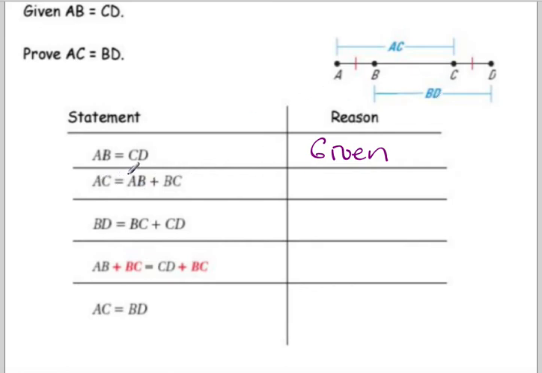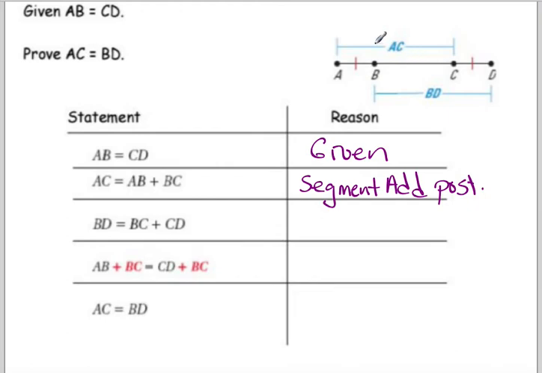They're saying that AC equals AB plus BC. AB plus BC, they make AC. They're adding the two segments to make the big segment. That is segment addition postulate. So just abbreviating a little bit there, segment addition postulate.